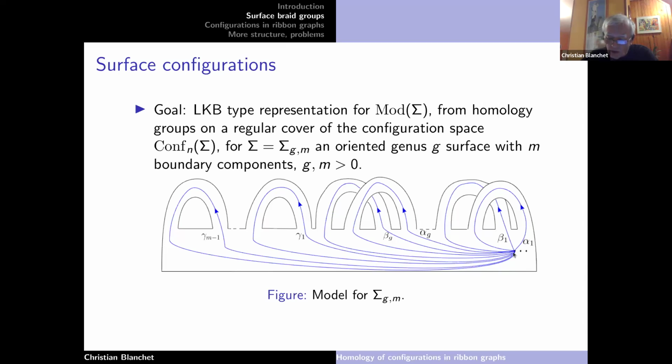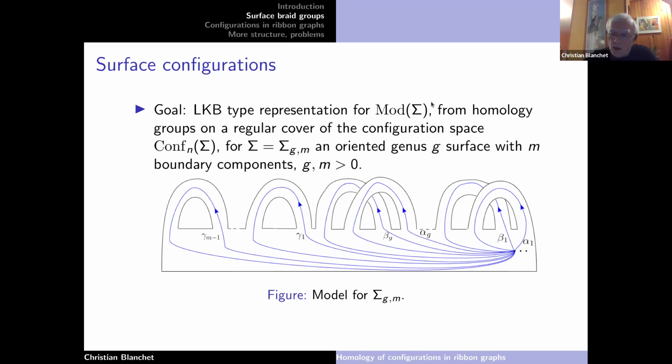And I put alpha i, beta i for the generators of pi1, but by moving only the first point, this also gives a braid. So in the braid group, we have pi1 generators, which I depicted alpha i, beta i, and the classical generators coming from inclusion of the disk with points.